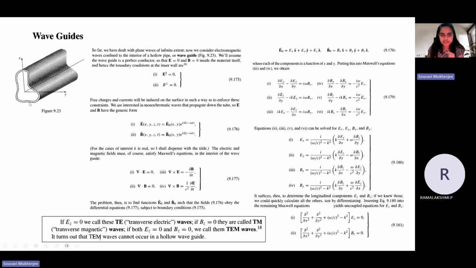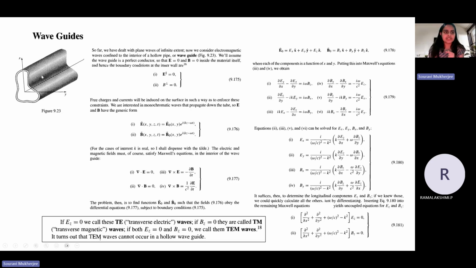Okay. So in free space, we know that we have this transverse electromagnetic waves where the electric and the magnetic fields are mutually perpendicular to each other and also perpendicular to the direction of propagation of your wave. And in a typical free space, we don't have any such boundary conditions, right?